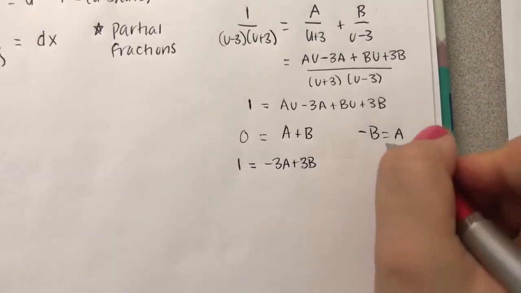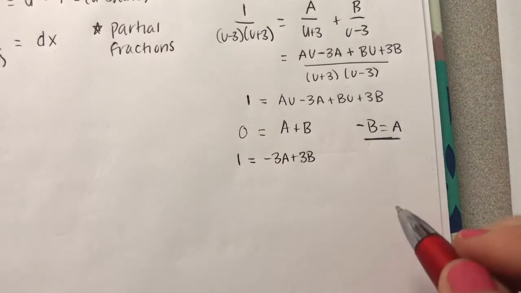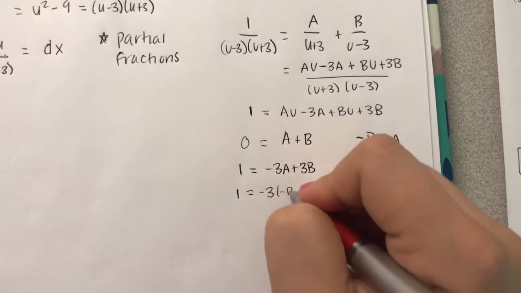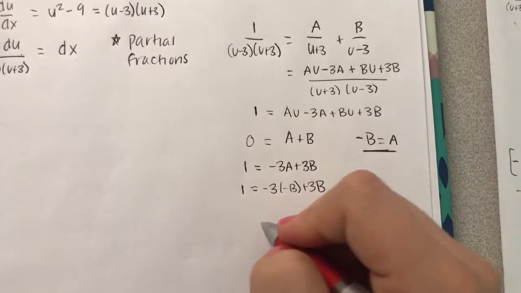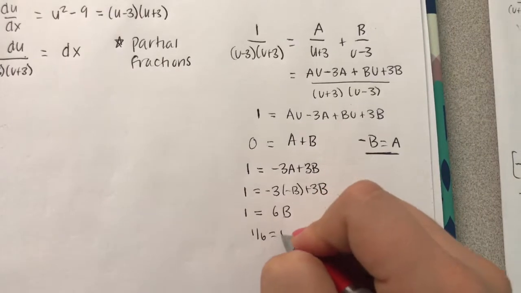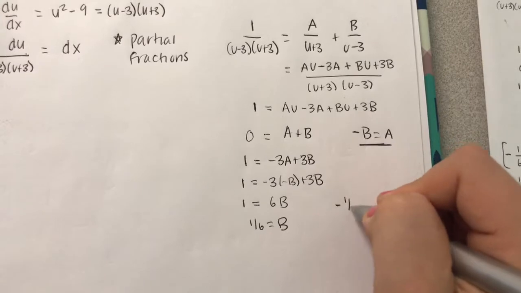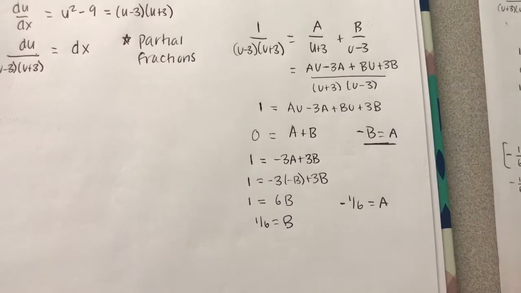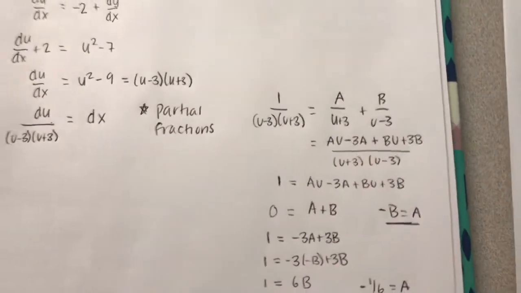From here, I'm going to plug in this -B for my A because that's what I solved in the first equation. So I get 1 = -3 times -B + 3B. When I simplify this, I get 1 = 6B, which is 1/6 = B. And here, when I plug in 1/6 for B, I get -1/6 = A. So now I can plug that back into my A/(u + 3) + B/(u - 3).